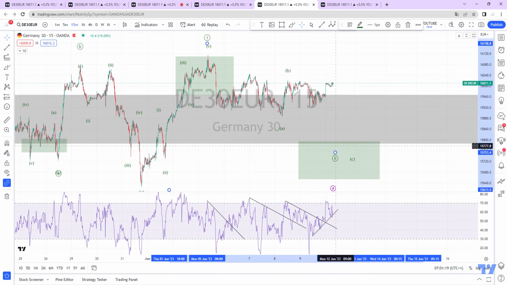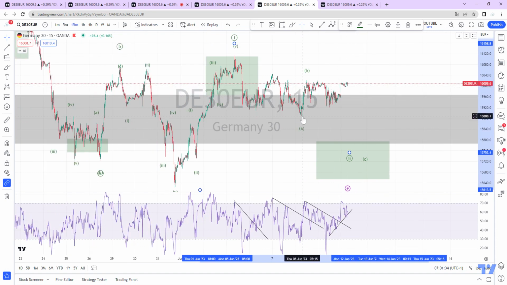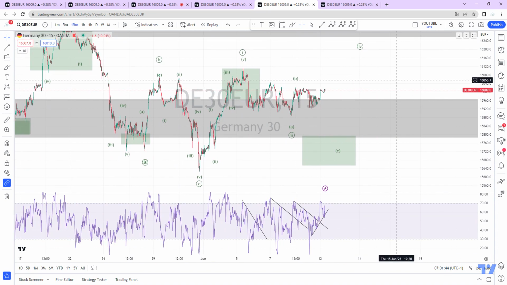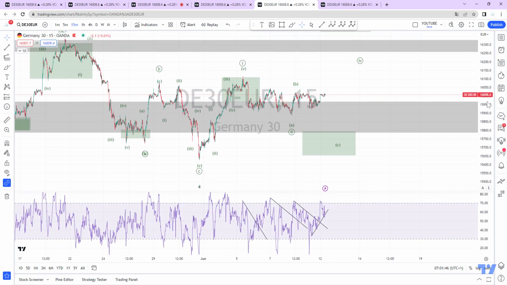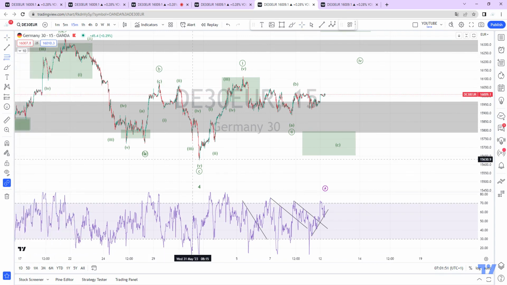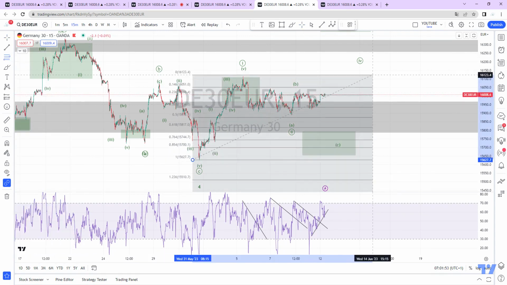I prefer to enter at the extremes. So I will just wait for this area. I want to see 5 waves down that end with divergence in this area, and then I go long. But that does not mean that our wave 2 could not be in here, and that we start moving up from here. This is equally valid. Like we did not retrace the 0.5 Fib, I believe.